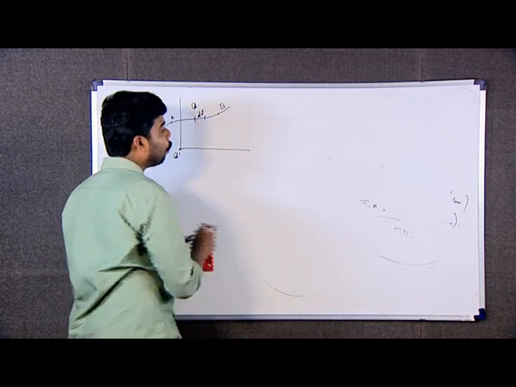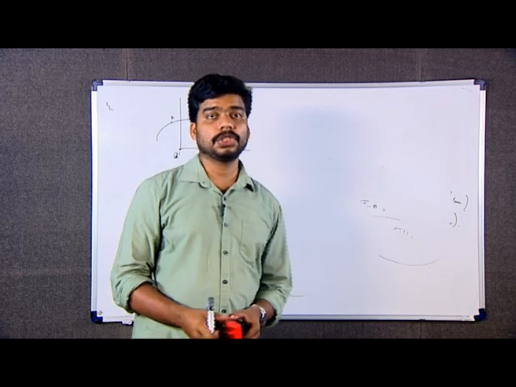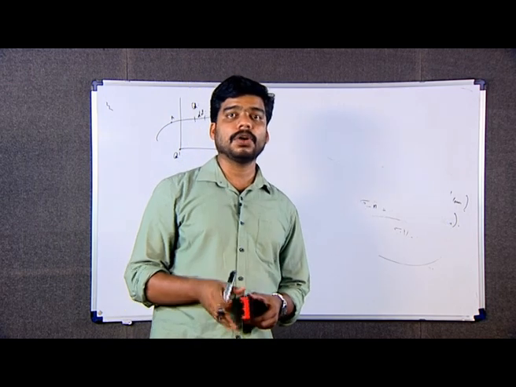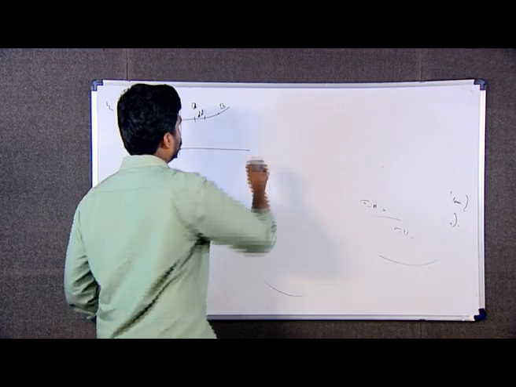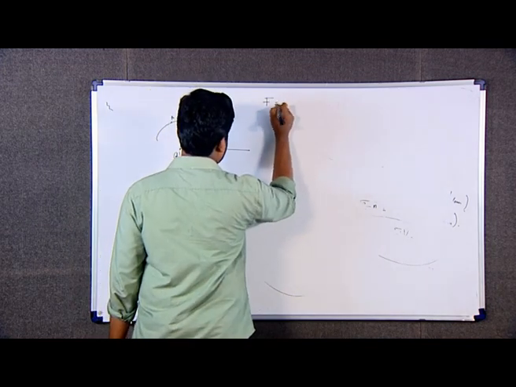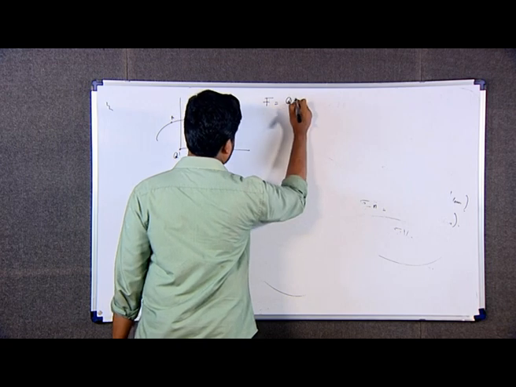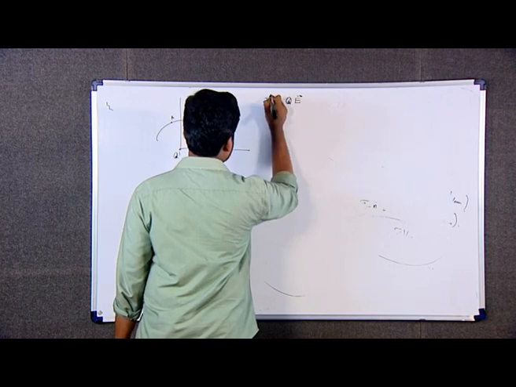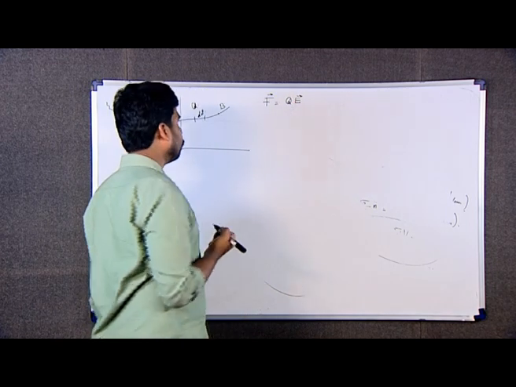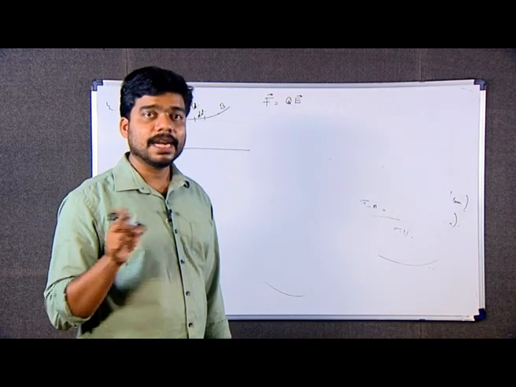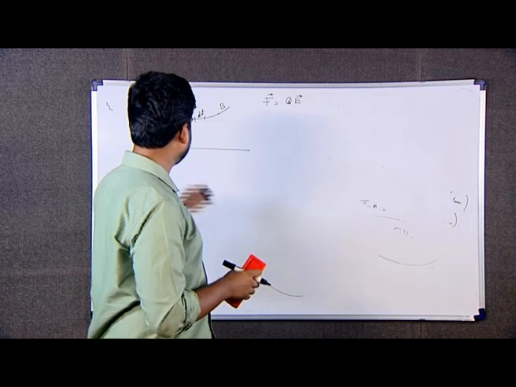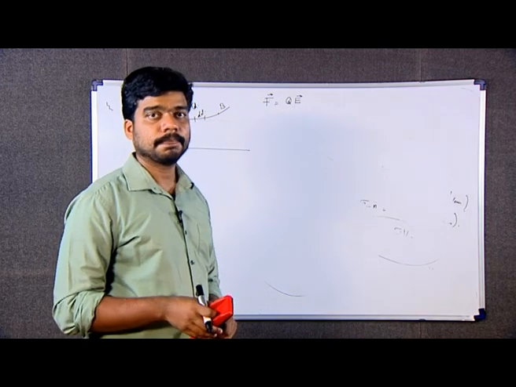So, what is the work done in moving this charge? The force acting on the test charge Q, we know from our first lecture, is F is equal to QE. So, what is this E? This E is the electric field produced by this source point Q dash.